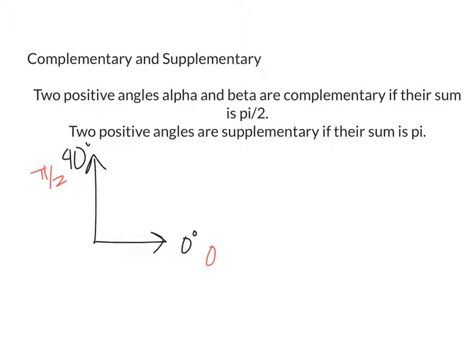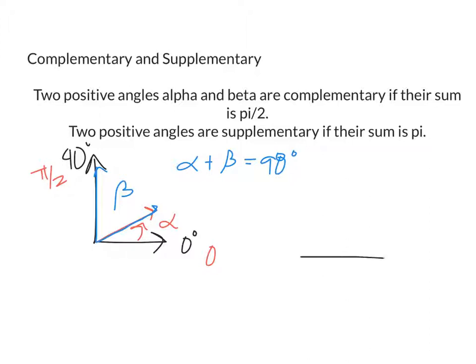So if I have some angle alpha, and then another angle within here, and just imagine that it's from here to here, and this is considered beta. As long as alpha plus beta equals 90 degrees, then that's considered complementary.